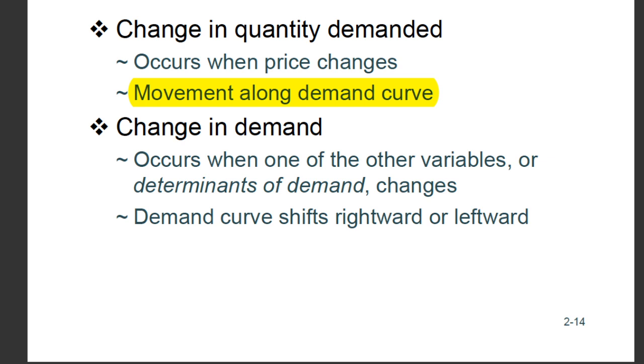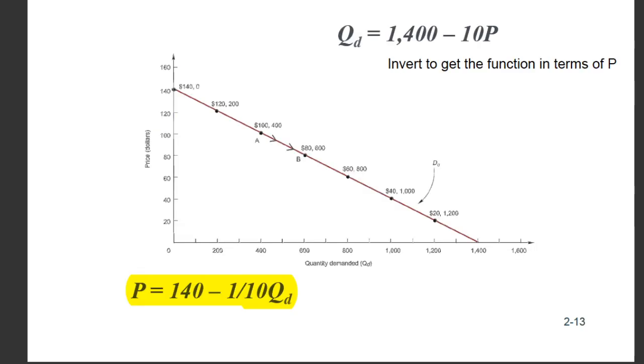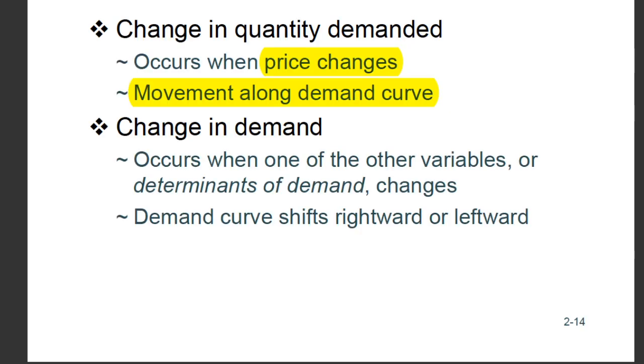So I'm distinguishing between a price effect, that is a movement along the curve that you see with the arrows here, and a change in one of the other variables will result in a shift in the curve. It goes forward or to the right for positive effects, and it goes left for negative effects.